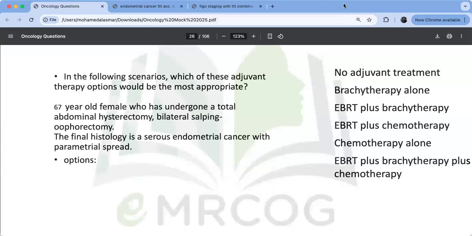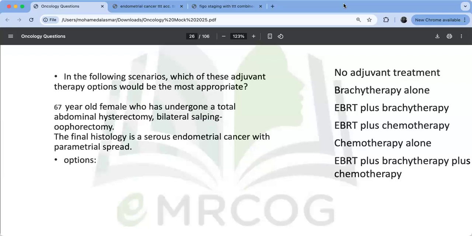What do you think? Yes, it's combined, but which one will you choose? External beam radiation. Okay, so you want it to be local and external and chemo.